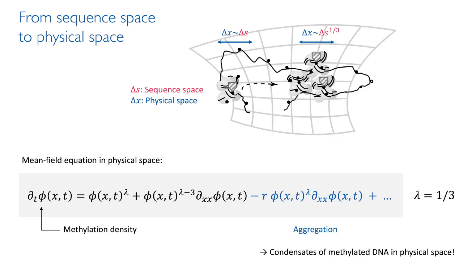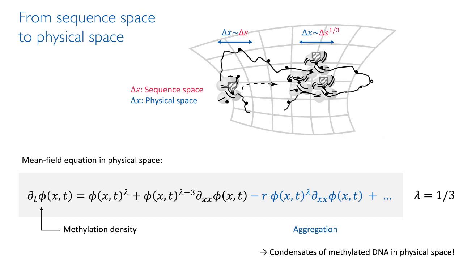Now, the next step to infer kinetics in the physical space of the nucleus: we calculated how small length elements in physical space co-evolve with small length elements in sequence space, which we would actually measure in the experiment. This leads then to a mathematical description of the time evolution of the concentration of methylation marks in the nucleus.